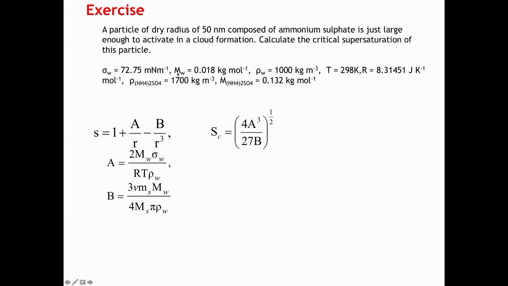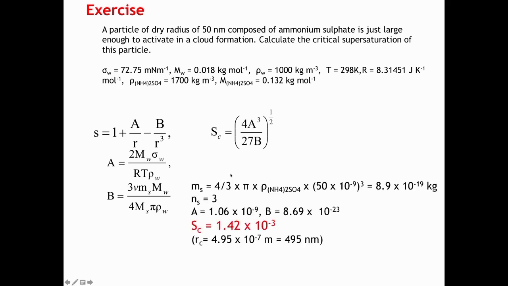Well, you're given all of these terms, which are the terms that go into A and B. You know what the critical supersaturation expression is. You would be given this if it were an exam question. The solute mass is 4/3 pi times the density of ammonium sulfate times R cubed, so that's 50 nanometers cubed. That tells you it's 8.9 times 10 to the minus 19 kilograms.